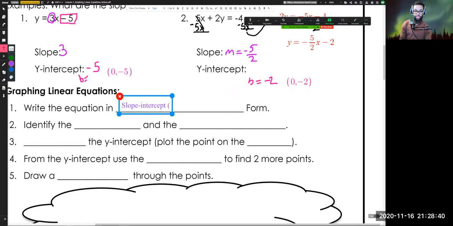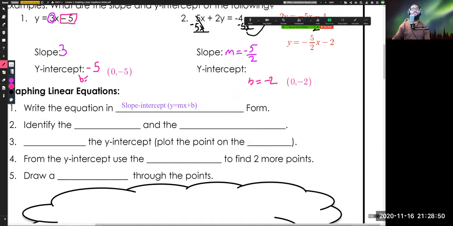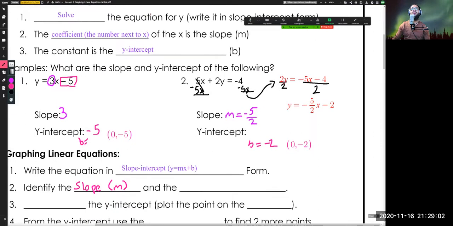In case you don't remember, y equals mx plus b. Then we're going to identify the slope. The slope is once again our m, and it's also our coefficient of x.